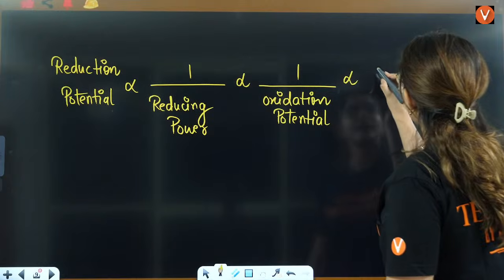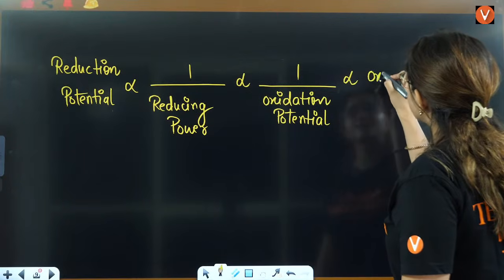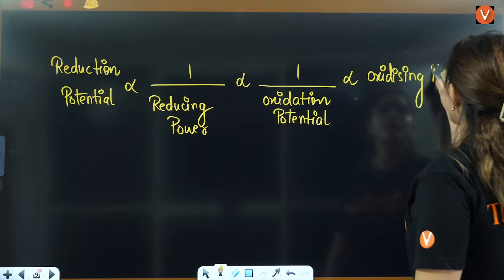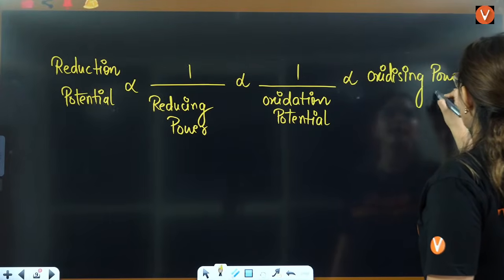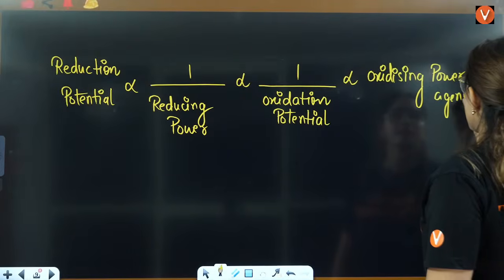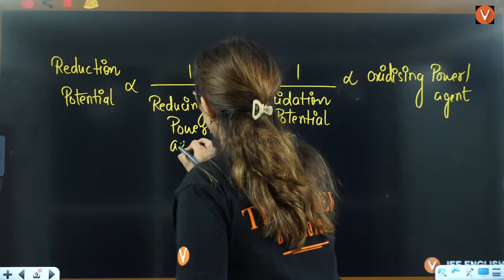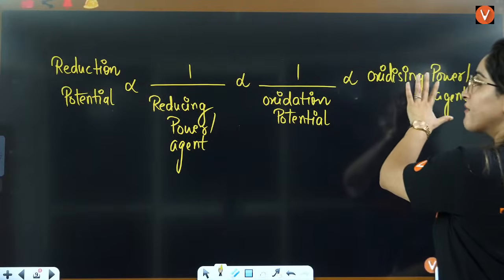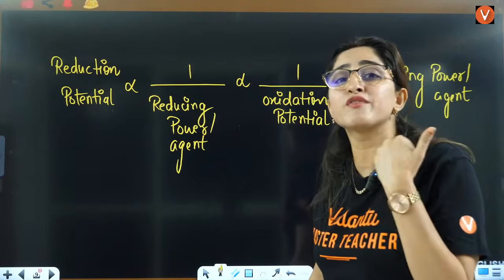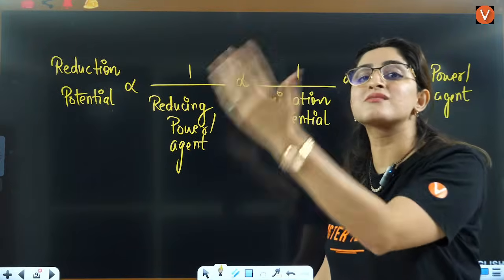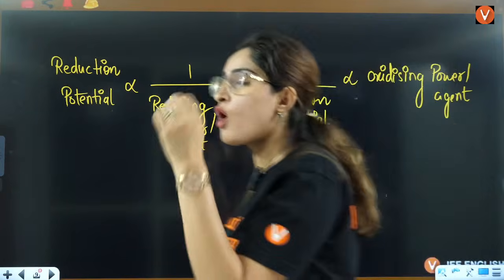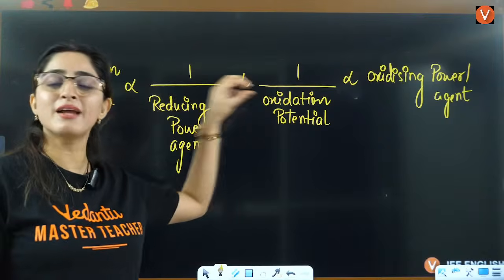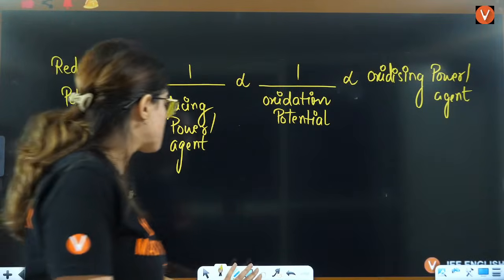And if I say its oxidizing power, or oxidizing agent, is very high, that means itself it wants to get reduced, it wants to oxidize something else. So you should know reduction potential is directly proportional to oxidizing power and inversely proportional to reducing power.